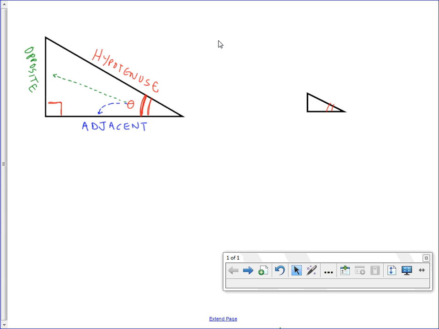If we look at the length of the opposite side, which I'll abbreviate as OPP, and I'll abbreviate this one as adjacent, and this one as hypotenuse, well, this one also has an opposite, smaller, but it's there. It has a hypotenuse, smaller, but it's there. It has an adjacent, ditto.